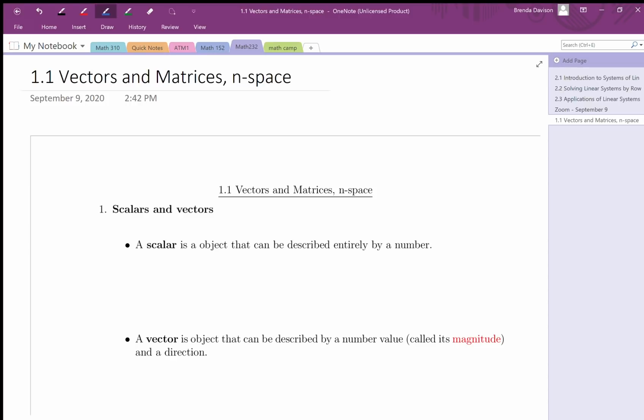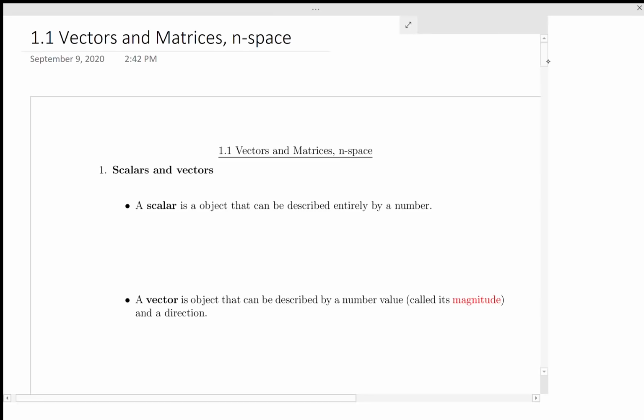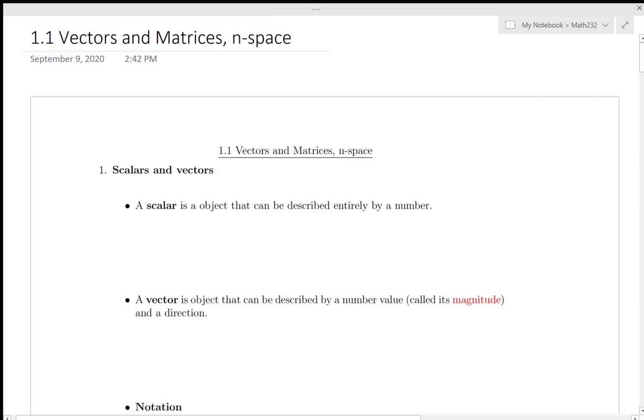So a lot of this lecture is about vocabulary, which I think is extremely important. When we're speaking to one another, particularly in mathematics, we want to be as clear as possible. So when I say a word, you get the same thought in your head as the one that I intended to convey.